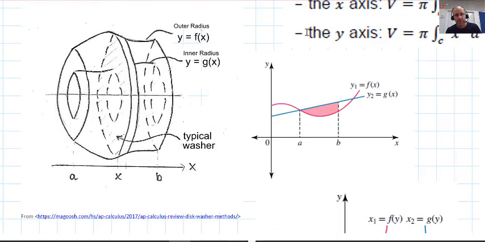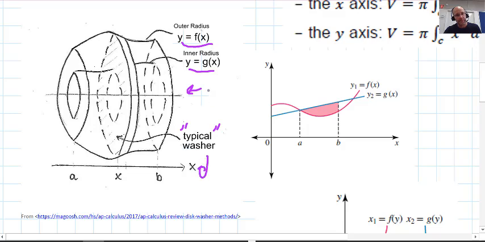This picture on your left here, which I've taken from an AP Calculus website with the reference given below, shows this idea. We have an axis and a so-called typical washer. As you can see, we have the two functions, which are going to be rotated about the x-axis: f of x and g of x. If it was vertical, we'd have f of y and g of y.